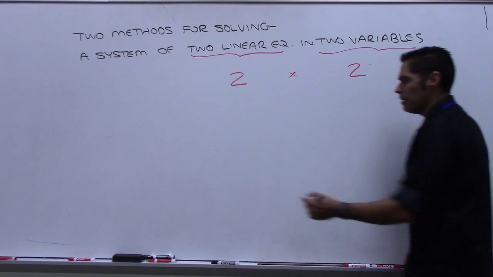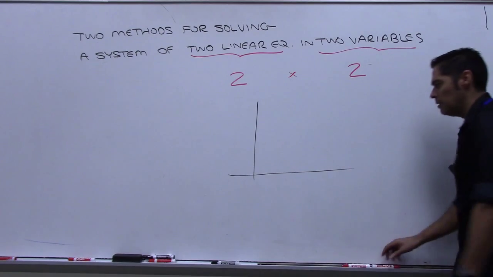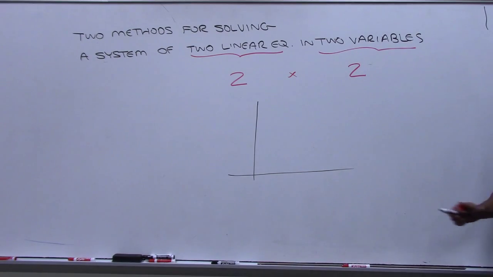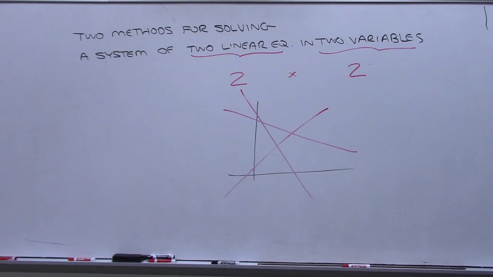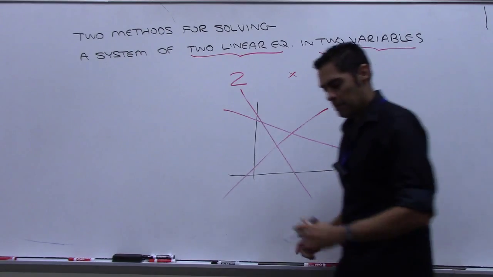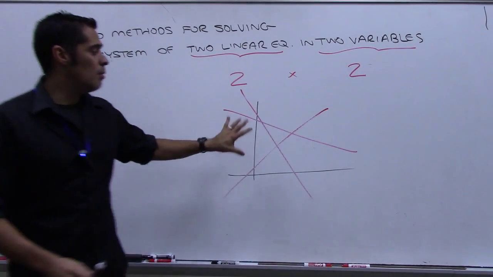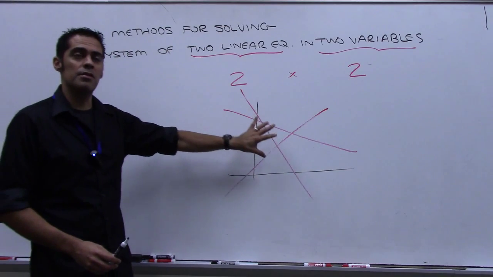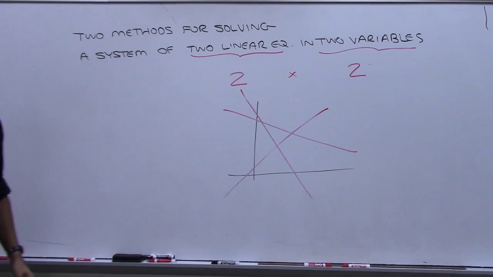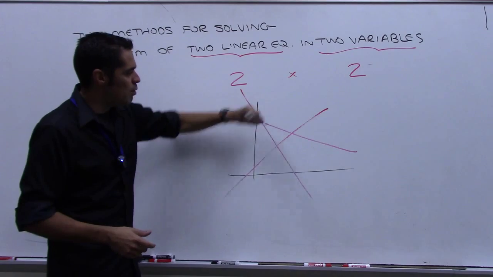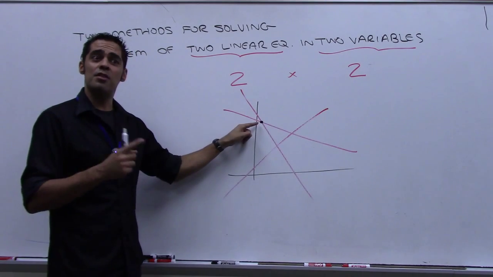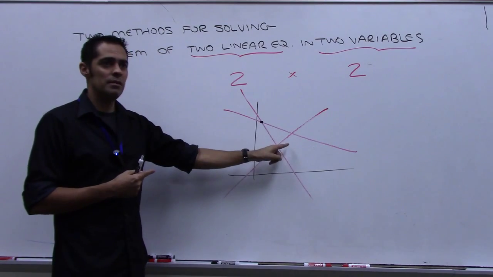Think about it geometrically. What does 3 equations mean? 3 lines. What would the solution to this system of 3 equations and 2 variables be? Would you have 3 answers? This point makes just those 2 true, but not that one.